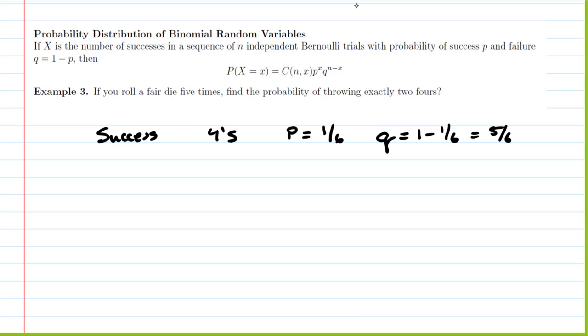Sorry, our success should really just be a 4, because we're going to need exactly 2 of them.